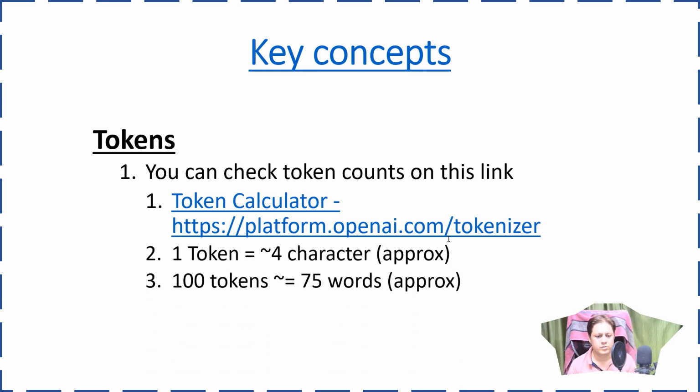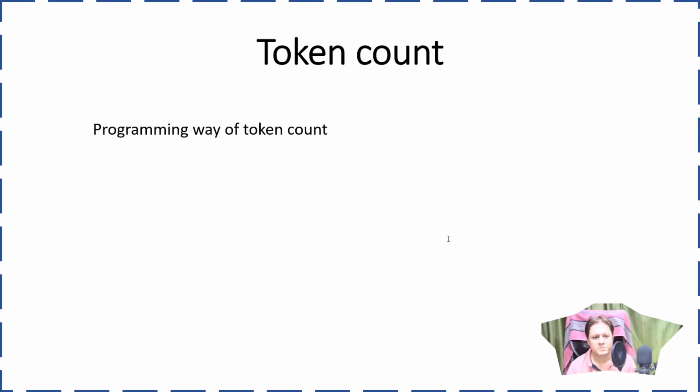You can consider 100 tokens to be near about 75 words. This is again an approximate estimate. They have calculated it on an average basis, and it also depends on the language. For example, Chinese and Japanese may have fewer words in one token. So these depend on different criteria.